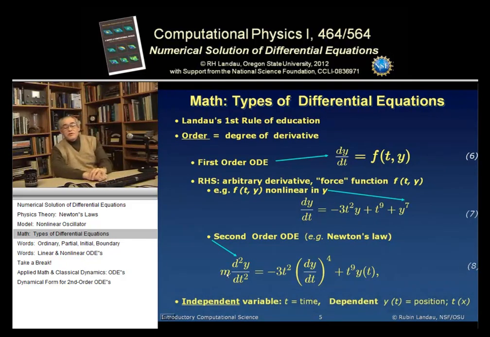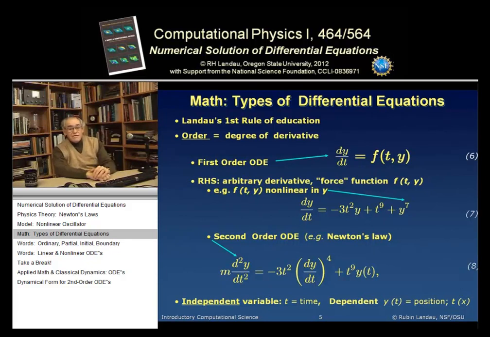I've already used the term now, so let's talk about it. There's an independent and a dependent variable. The way to think about this is the independent variable is the one you can adjust by hand. You can turn the knobs on the piece of apparatus.